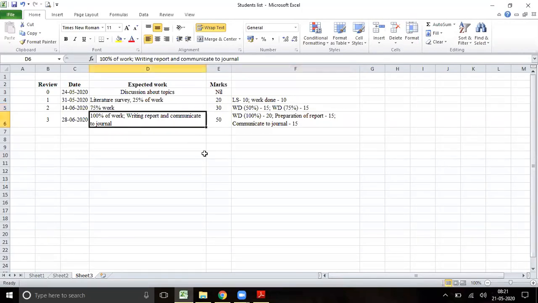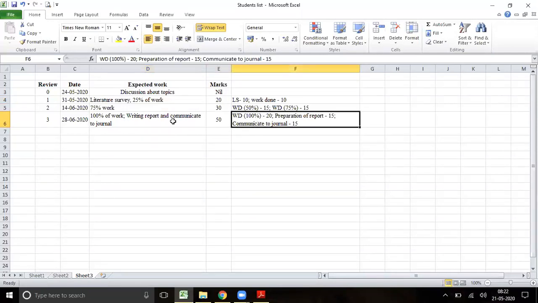And after 14 days, on 28 June, all of your work must be completed, and you should write a report for a particular journal. We will identify a suitable journal based on the quality and quantity of your work, and you have to write a report, a manuscript. Then you should communicate it to the journal. It carries 50 marks.